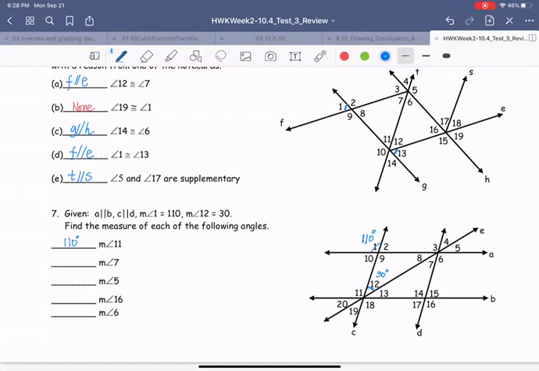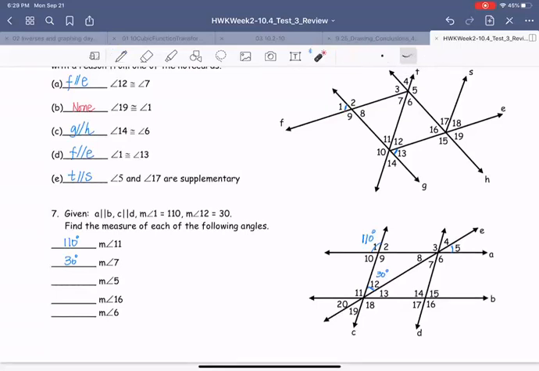Let's look at angle 7. You were given C and D, these two lines are parallel. So angle 7 should equal how much? 30. Yes, good, that's correct. Angle 5. This one we have to calculate carefully, right?